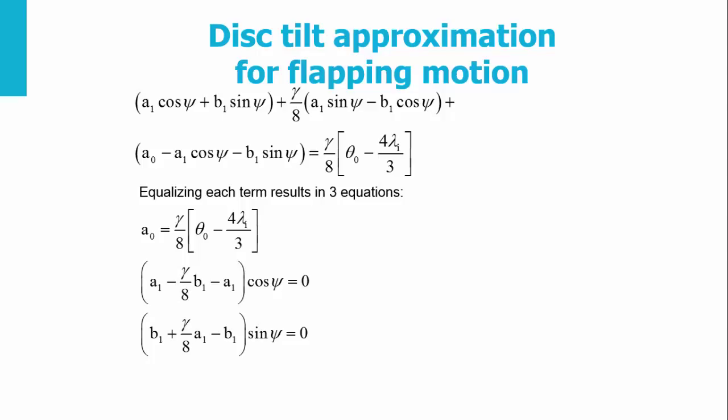If we equalize each term, we obtain three equations. The first equation gives the free term and represents the coning angle. The second and the third equation, one can see for hovering flight, have a solution where B1 and A1 are 0.